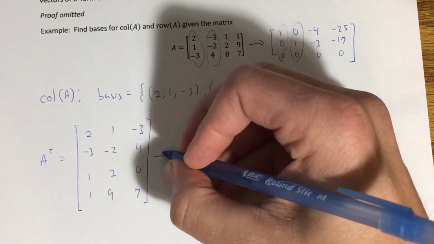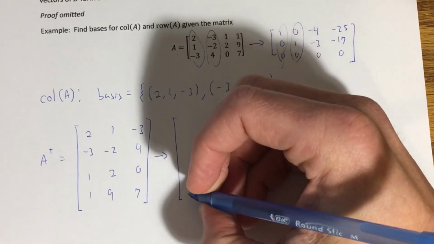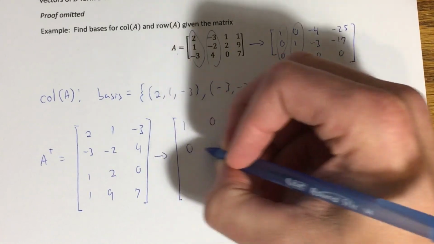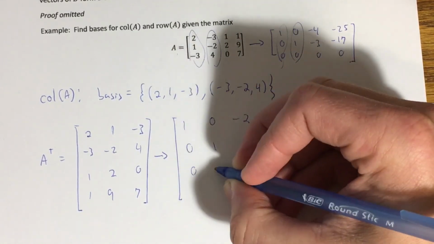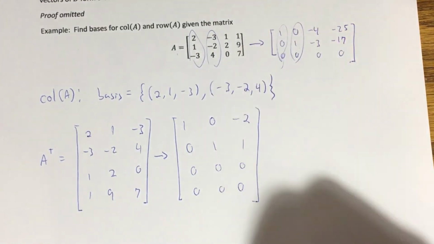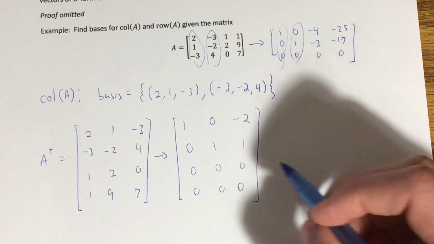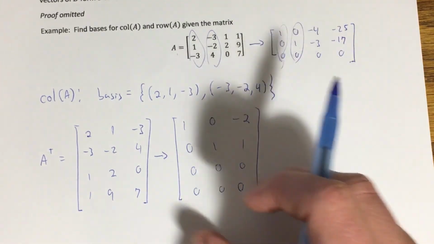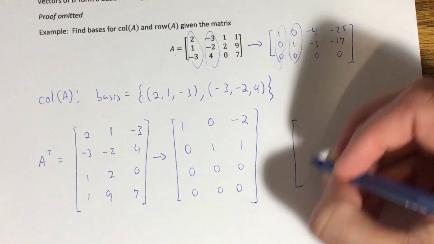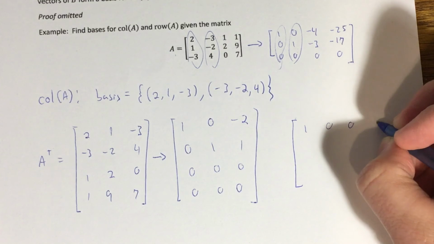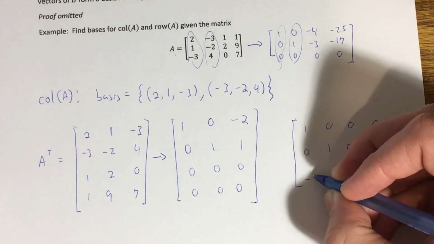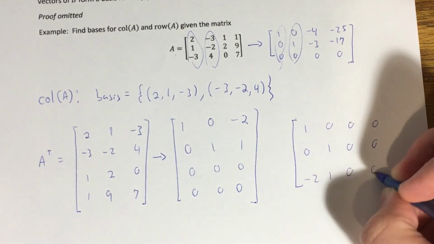If I row reduced this matrix, what I end up with here is 1, 0, negative 2, 0, 1, 1, 0, 0, 0, and then 0, 0, 0. Okay. Now if I were to take the transpose of this again, converting the columns back into rows, then I end up with this matrix: 1, 0, 0, 0, 0, 1, 0, 0, and then negative 2, 1, 0, 0.